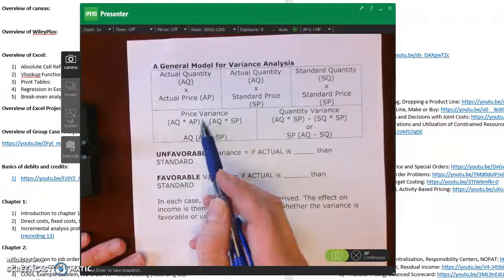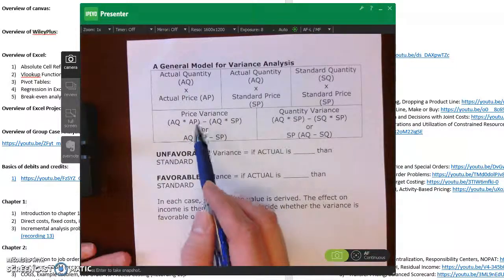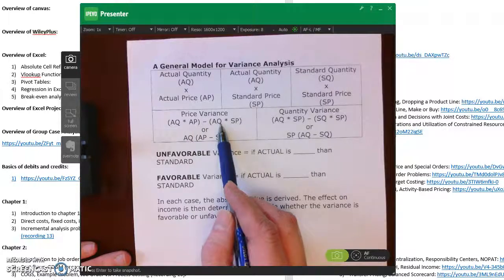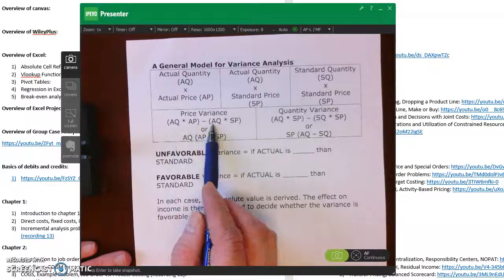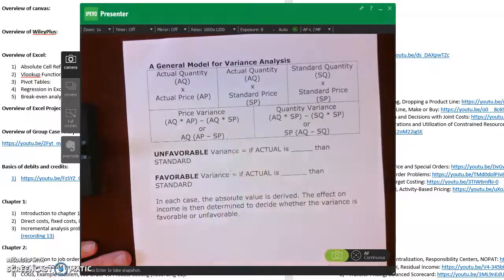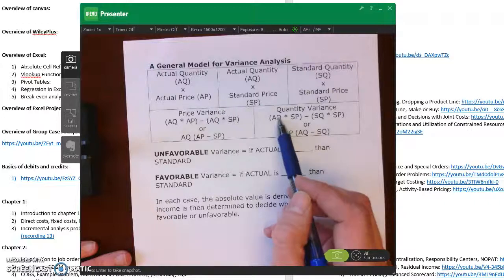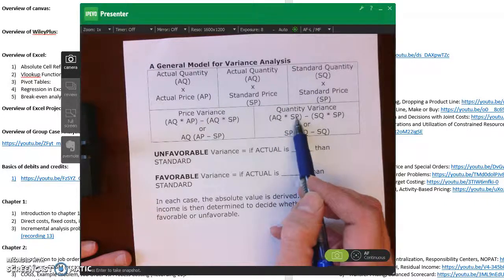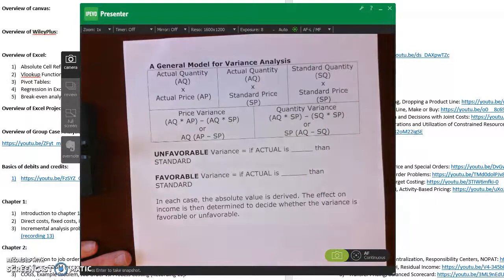Our price variance is going to be our actual quantity times our actual price minus our actual quantity times our standard price, and you could just do algebra to factor out the AQ times AP minus SP. When we look at our quantity variance, it's the actual quantity times the standard price minus the standard quantity times the standard price, or you can use algebra to factor out the SP.